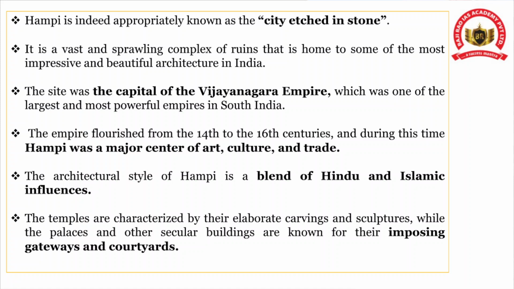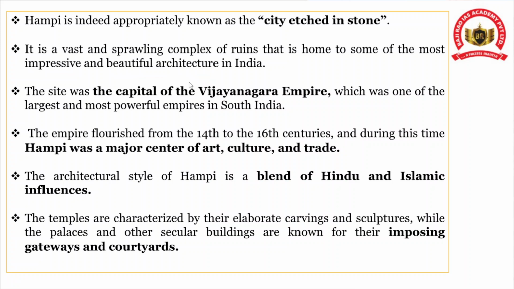Before you explain the historical and architectural significance of the city, first and foremost, describe what Hampi is. Hampi is in fact known as a city that is etched in stone. Hampi is a vast and sprawling complex of ruins that is home to impressive and beautiful architecture in India.